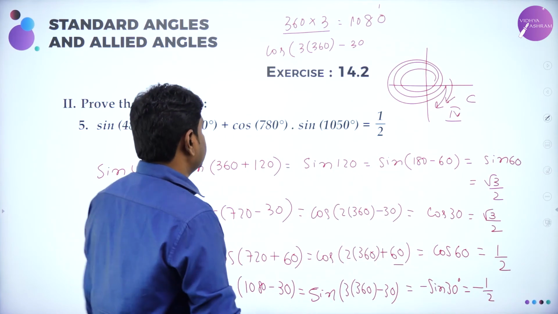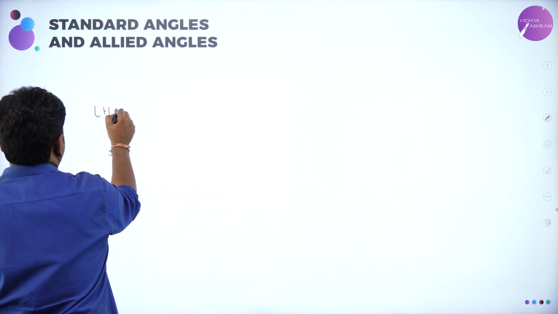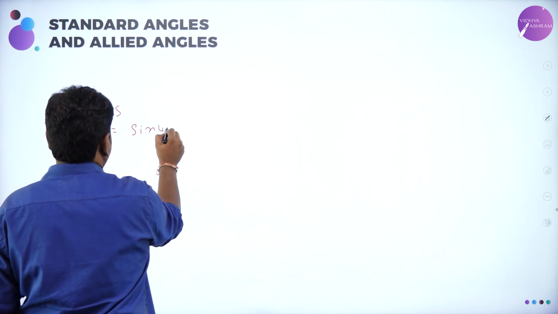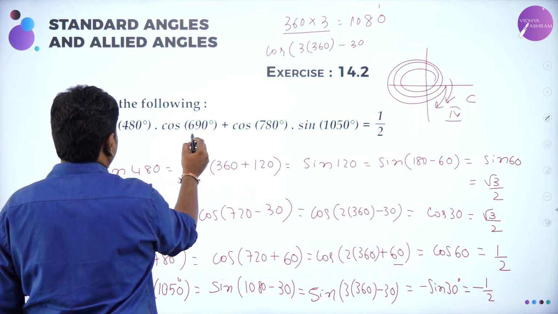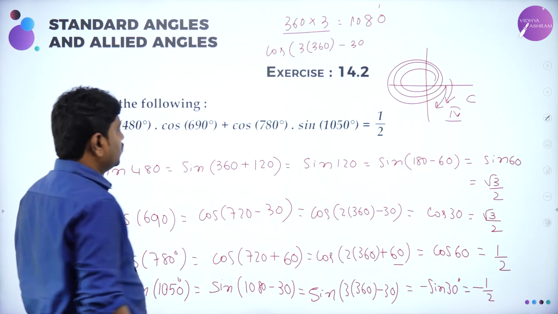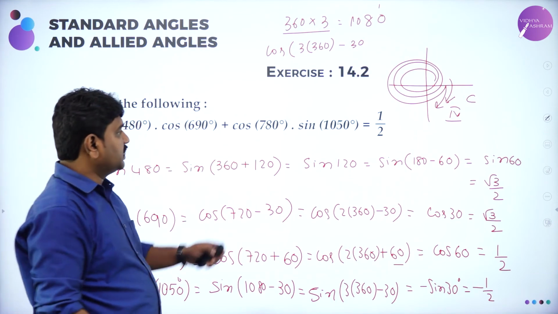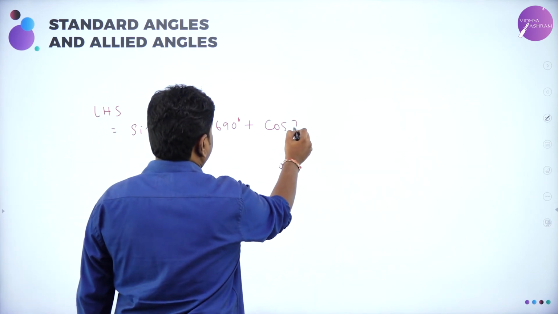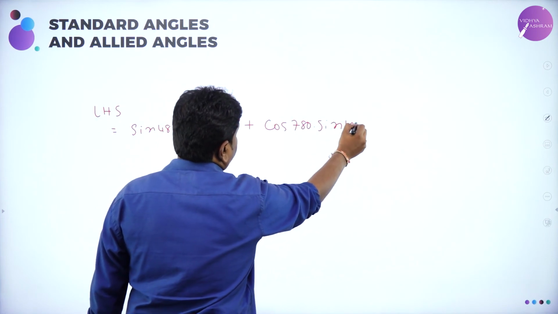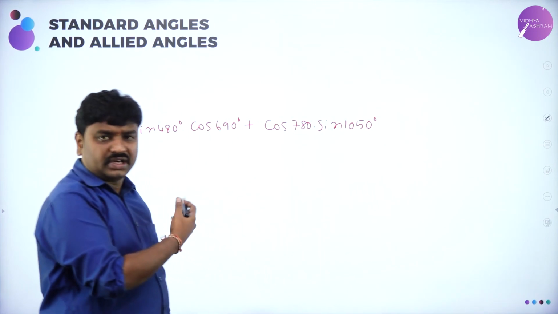Now substitute in LHS. So I'll take LHS: sine 480 into cos 690 plus cos 780 into sin 1050. Substitute the values now.